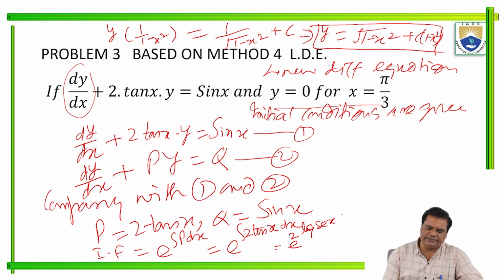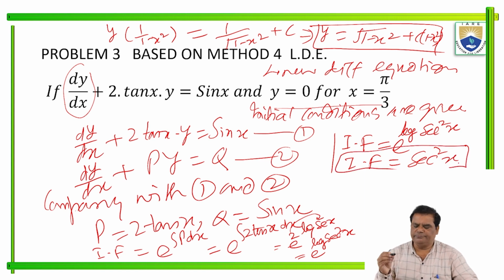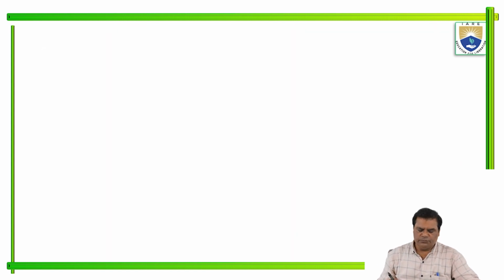The 2 goes to the power, giving sec square x. So the IF is e to the power log sec square x, so the IF is sec square x only. This is the integrating factor.